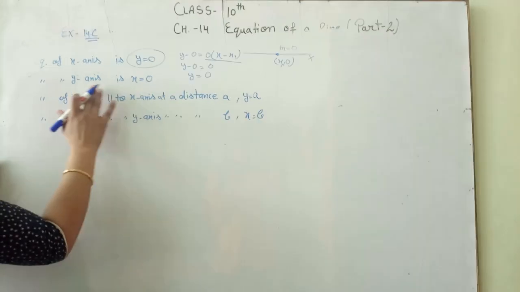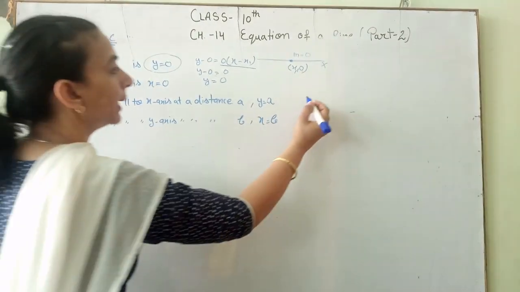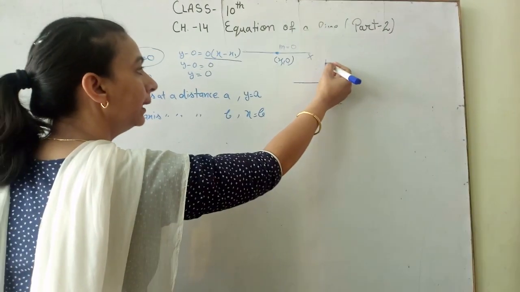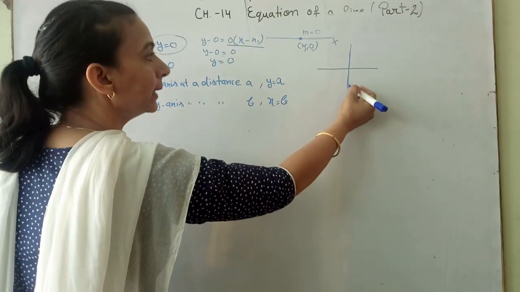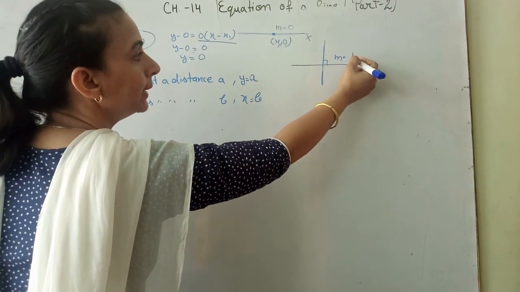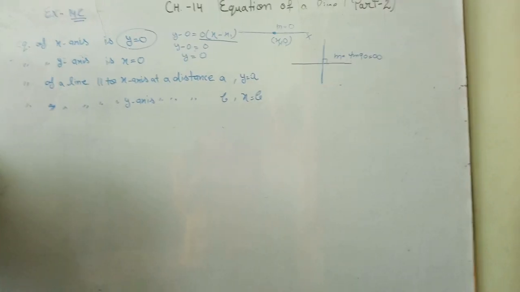Same, the equation of y-axis is x equal to 0. Any line on the y-axis has slope m equal to tan 90, which equals infinity, not defined.